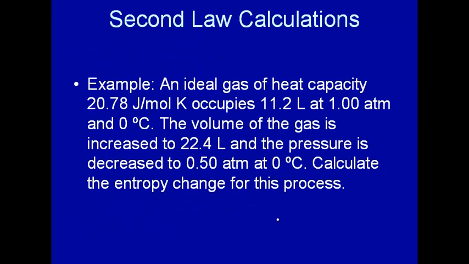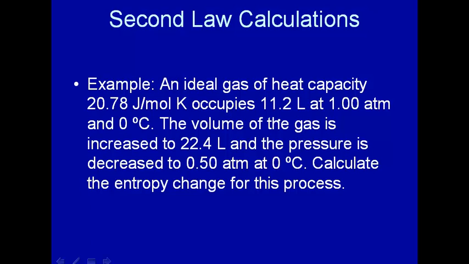Let's do another example. We have an ideal gas with a heat capacity of 20.78 joule per mole Kelvin. Again, this is the intrinsic heat capacity. To get the heat capacity for a problem, we need to figure out how many moles we have.